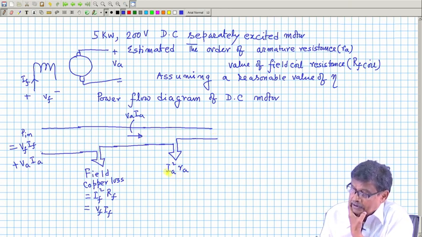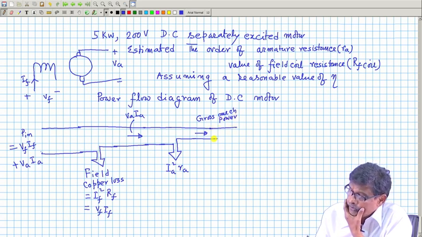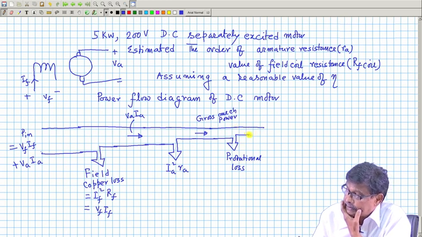If this power is subtracted, I will get the gross mechanical power developed, from which if you subtract the rotational loss, you will get the net mechanical power output, P net mechanical.